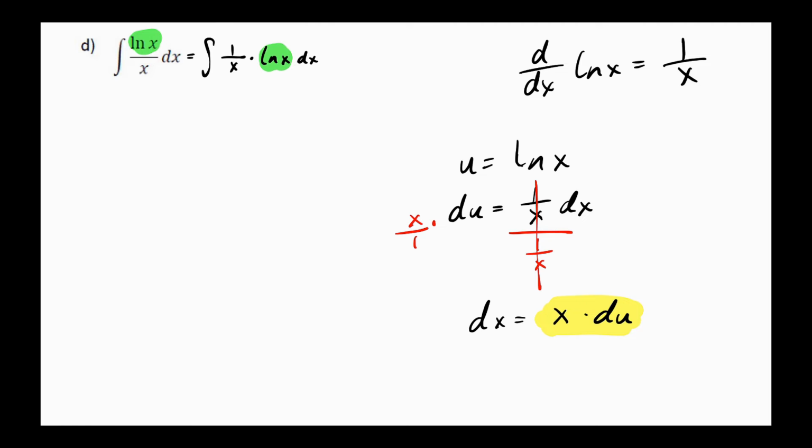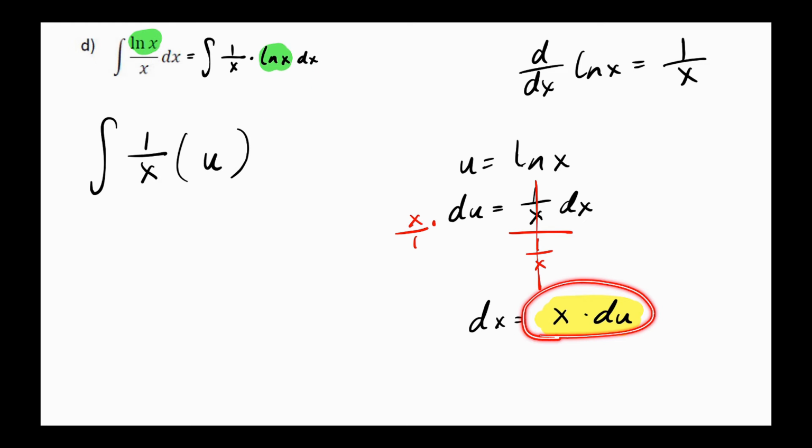Okay. So when I plug it back in, I get 1 over x. I still have 1 over x. That's still there, right? Natural log turns into what? U. Dx turns into x du.